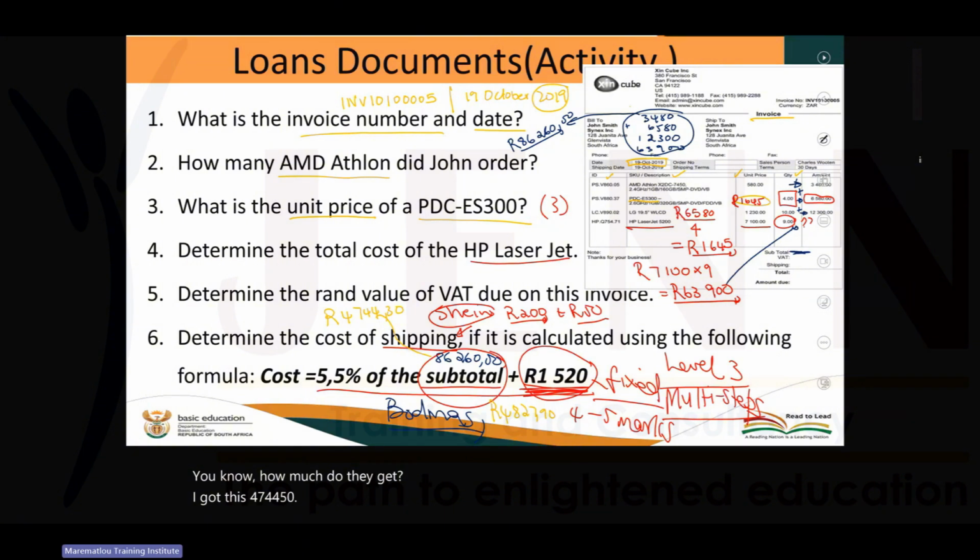Now, this amount, we can now add it to 1,520 to get our total amount of shipping.